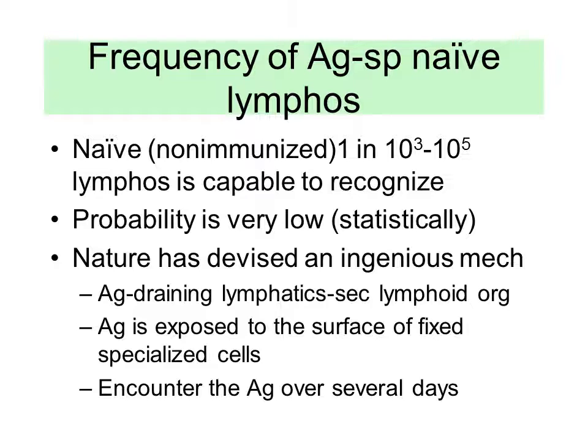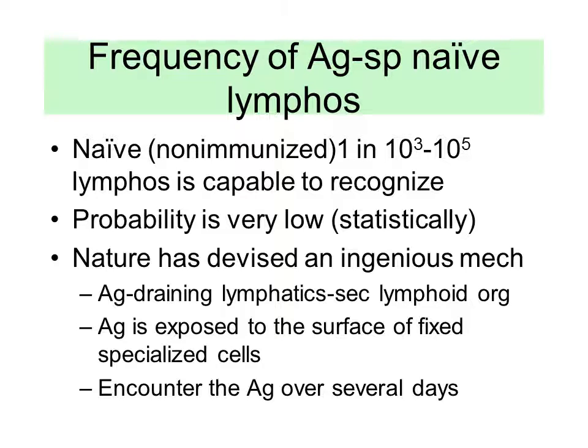So if some antigen comes in that your system has not seen, there are at least 100,000 cells out there to welcome you. It's just like you land at the airport and there are 10,000 people to look at your ID.